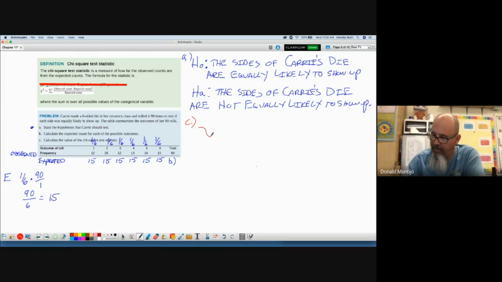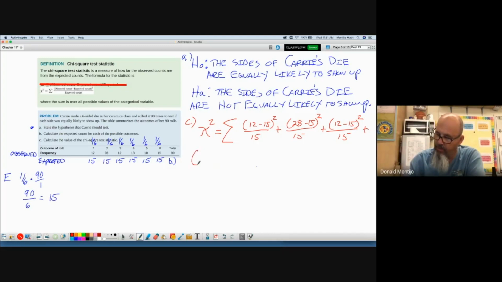So remember, it's the summation of the observed minus expected squared divided by expected, plus the next observed minus its expected squared divided by expected, plus the next observed minus expected squared divided by expected, and so on, plus the next one, 10 minus 15 squared over 15, plus the next one, 15 minus 15 squared over 15.